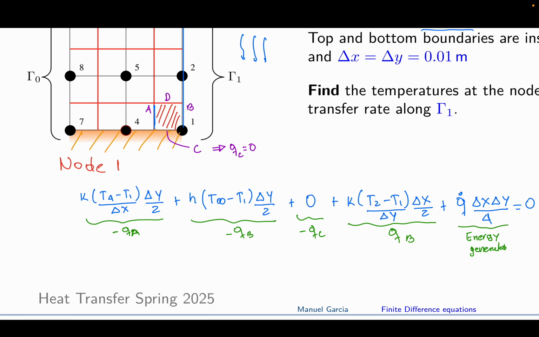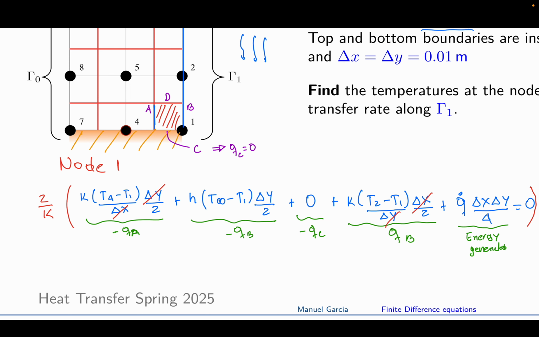If we simplify it, the first thing that we could do is multiply by 2, and we are going to cancel this. So we can multiply by 2 and divide by K, and we can simplify delta X and delta Y in this case and in this case.